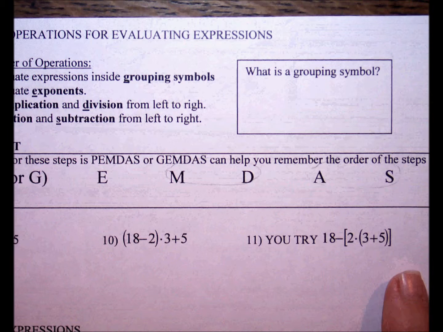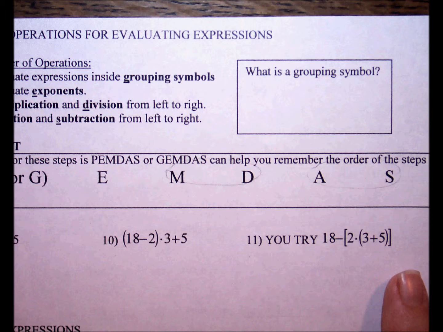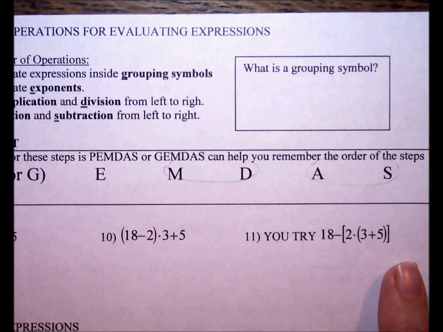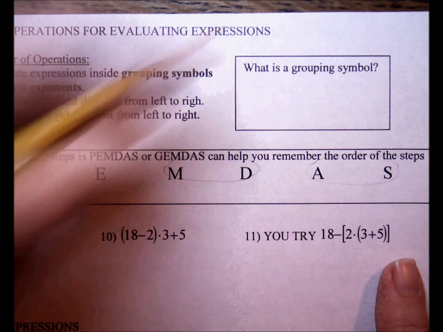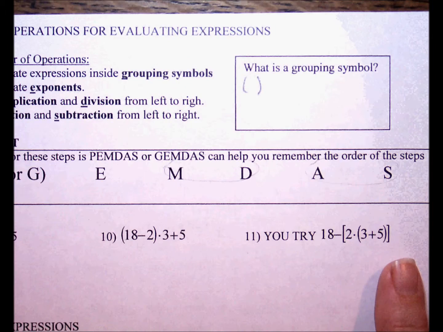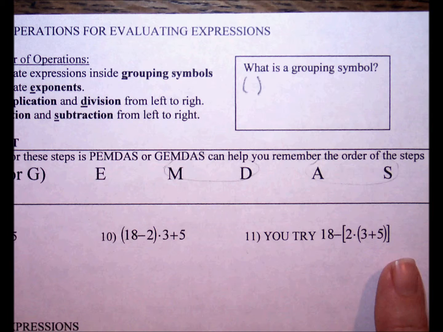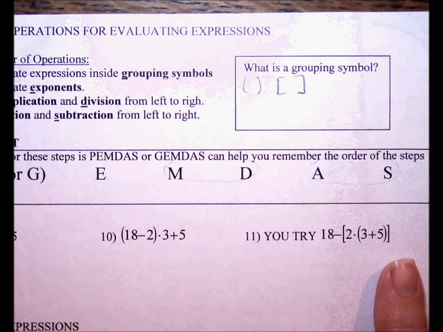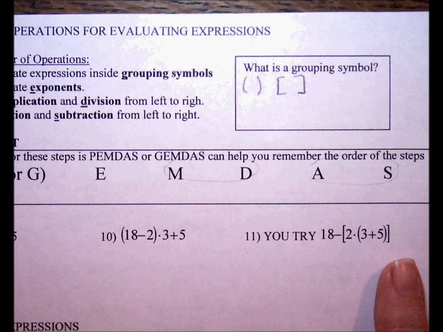But first, because the P in PEMDAS, or sometimes it's a G, GEMDAS, is a grouping symbol, we evaluate all our grouping symbols first. But what is a grouping symbol? Well, parentheses is the one that comes to mind first typically. And there are square brackets, which serve the same function as parentheses.